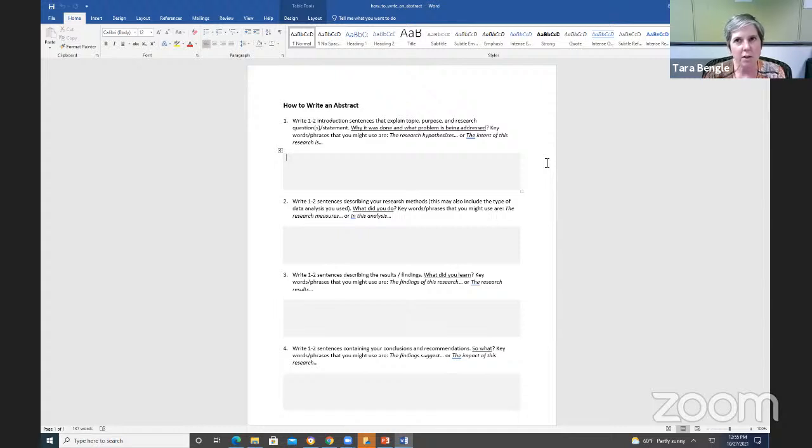It's also a good check to help you understand what it is that you're doing for your research, what the purpose is, and to make sure you can concisely state it. It's a good check on yourself to make sure that everything you're doing does make sense.